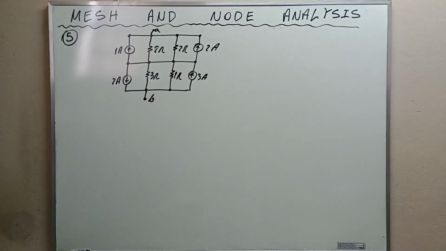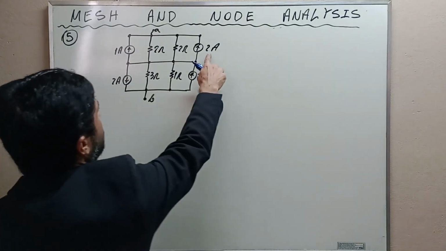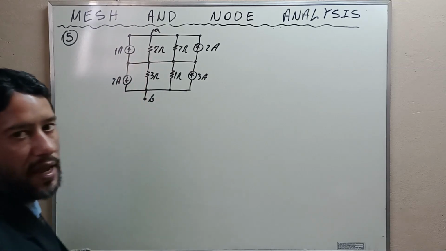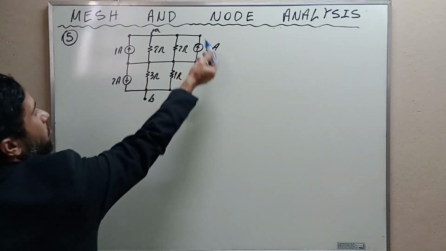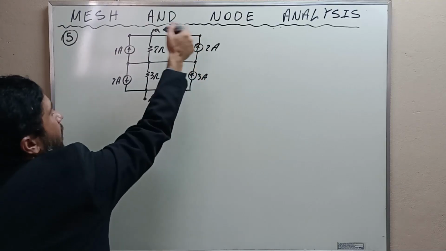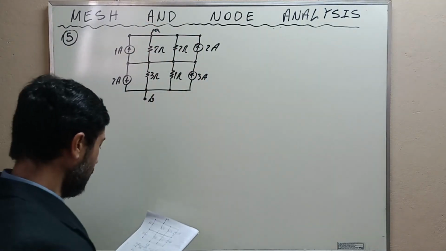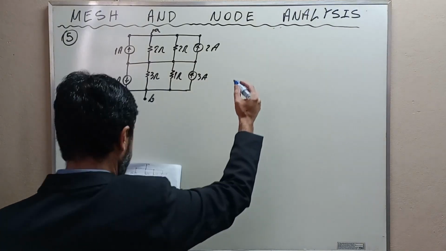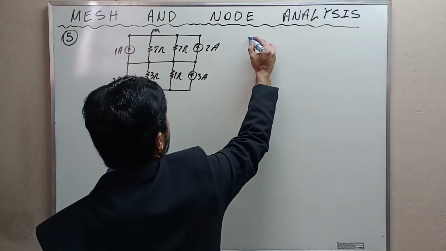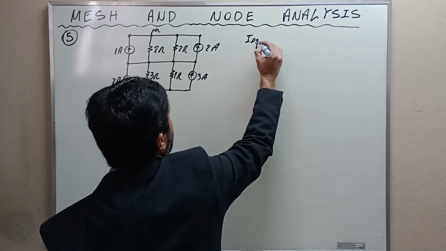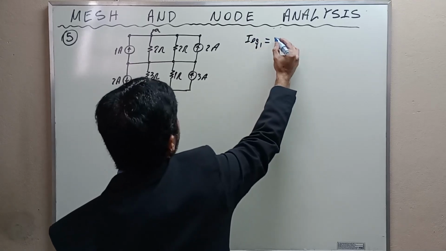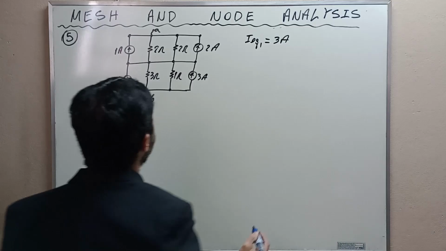Subsequently, we combine the resistances and the current sources. Observe that these current sources are additive. They inject current at the same terminals. Okay, so current source equivalent number 1 is equal to 3 amps.